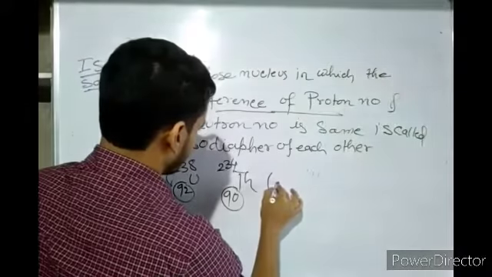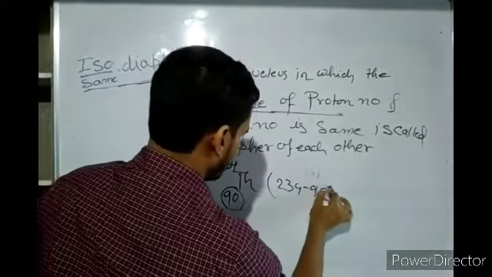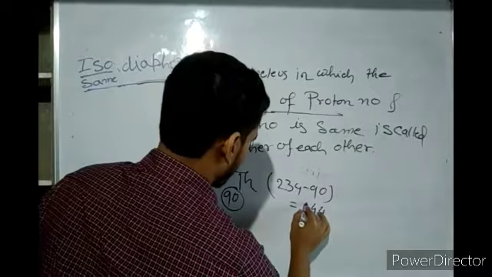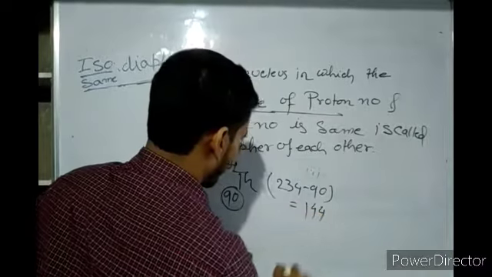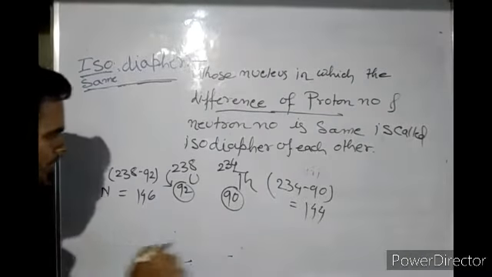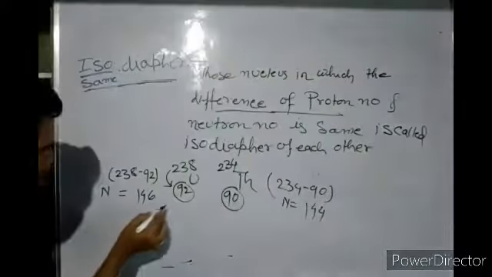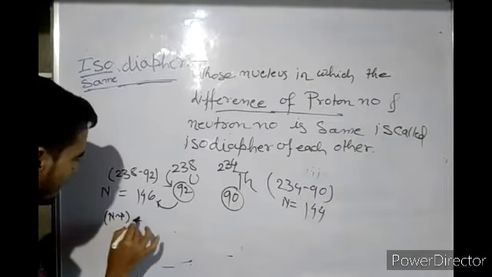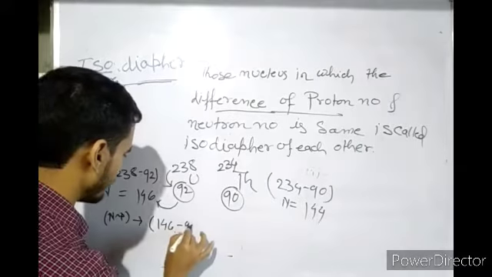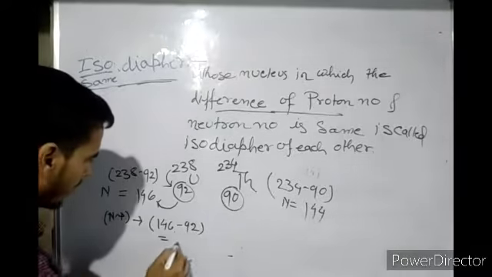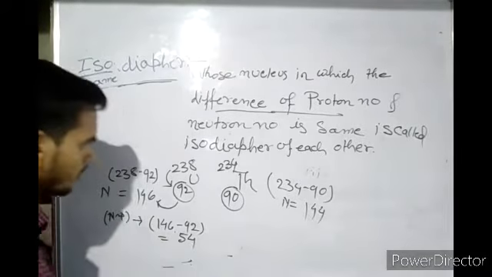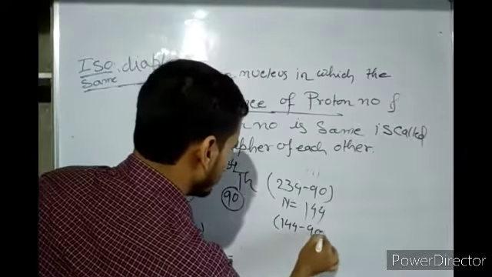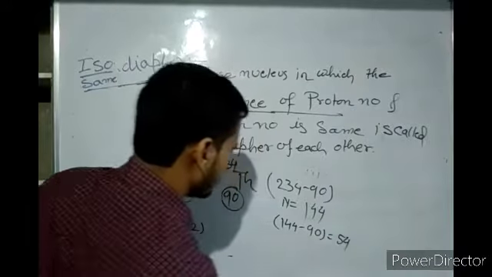Here the neutron number is 234 minus 90, which is 144. The difference of neutron and proton number is 146 minus 92 equals 54, and here 144 minus 90 equals 54.